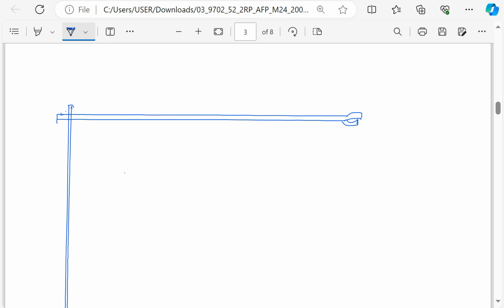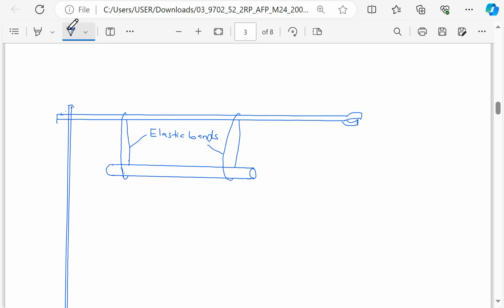Okay, I'll make the rod shorter. And I'm going to support this with elastic bands. This is the clamp.